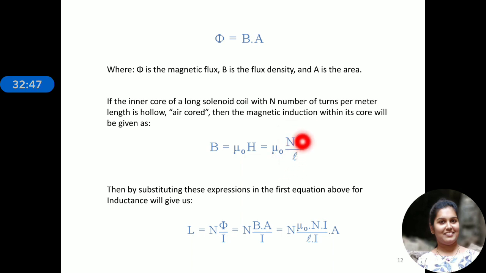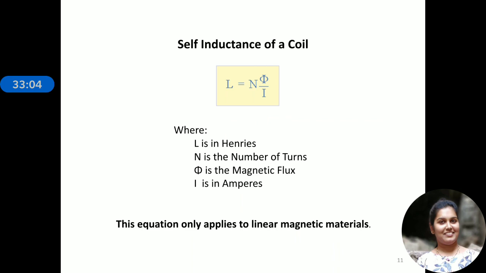When we substitute this H value here, we can write B as mu naught into N into I divided by L. Then we substitute this in the first expression, L is equal to N phi by I, the known expression for us. We know that phi is equal to B into A, right?